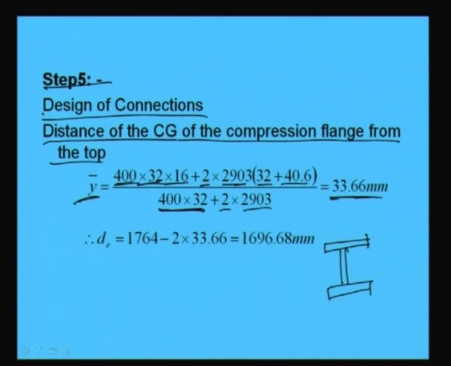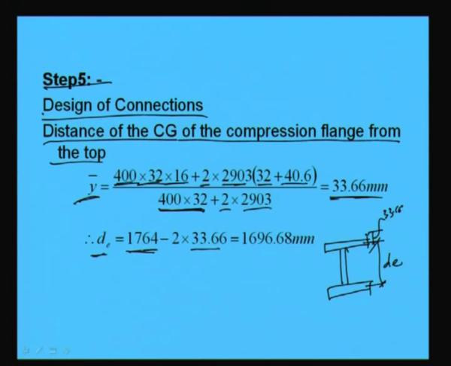which is becoming 33.66 mm. So, DE will become 1764, that is total, minus 2 into 33.66, because CG distance, this is 33.66. So, DE will become this one, the distance between CG of the flanges, DE.